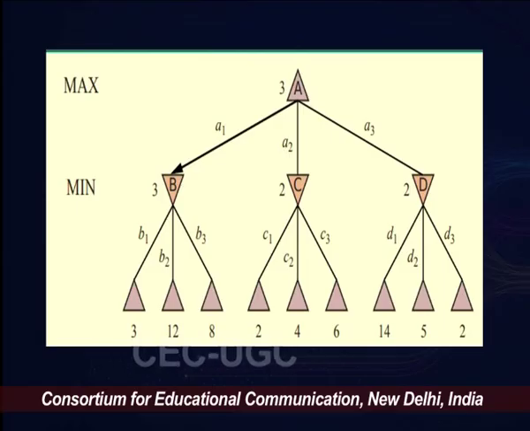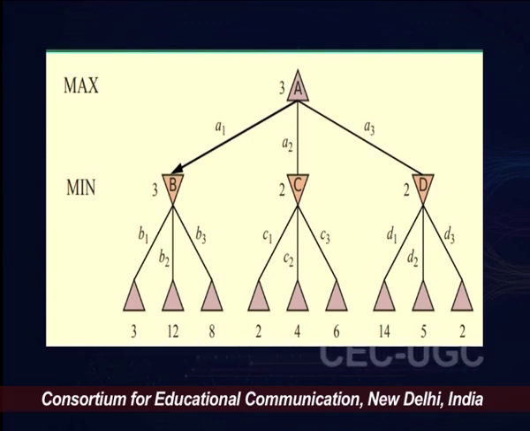Now, at the max level we want to maximize the utility values, and the utility values to be chosen from are 3, 2 and 2. So, the maximum here is 3, and that is why the node A has been labeled as 3.